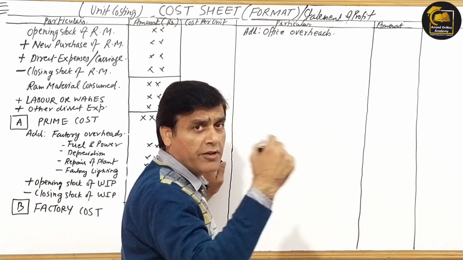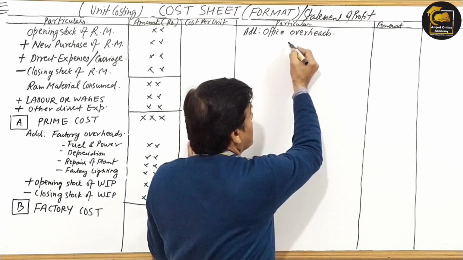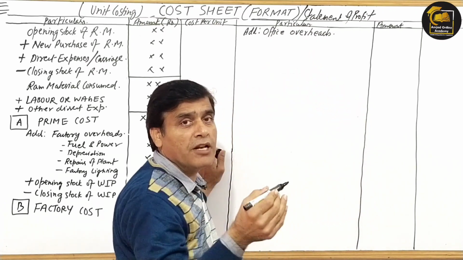There may be several. If you see the format of the cost sheet in the books, that is very long, right? Because there are several innumerable expenses. How many examples I will give you?